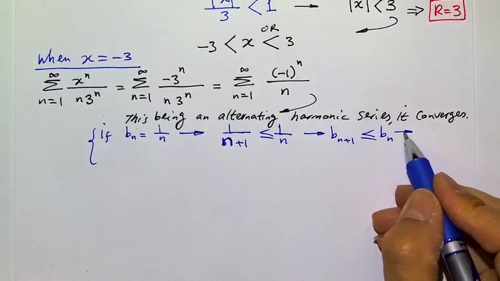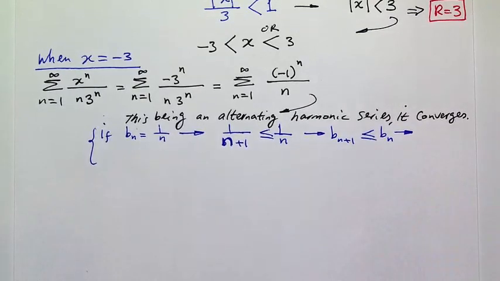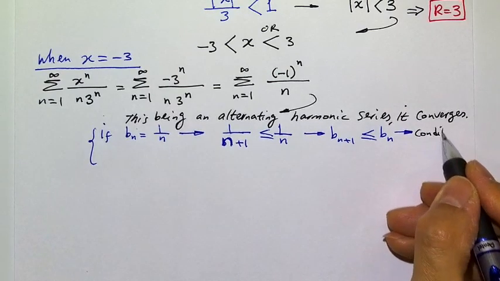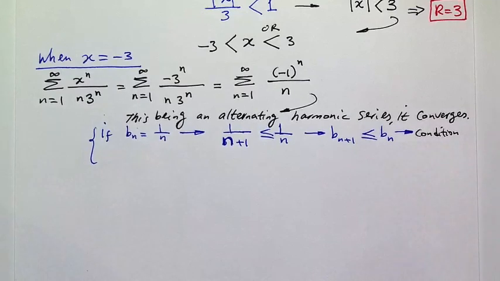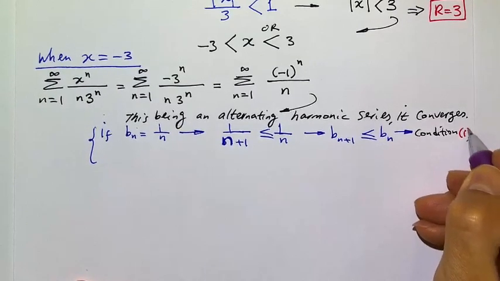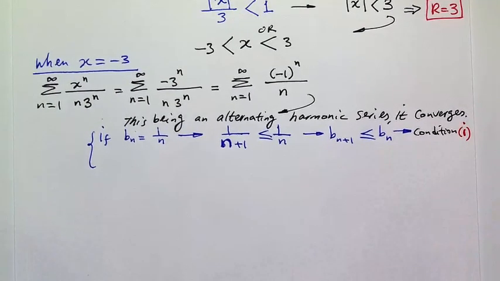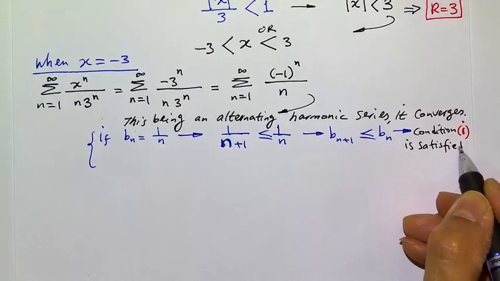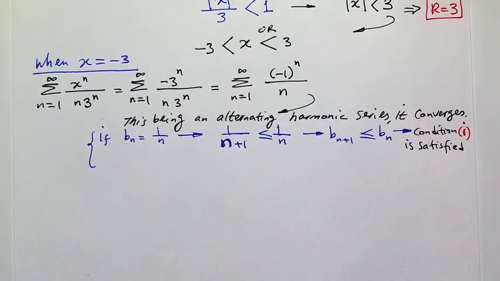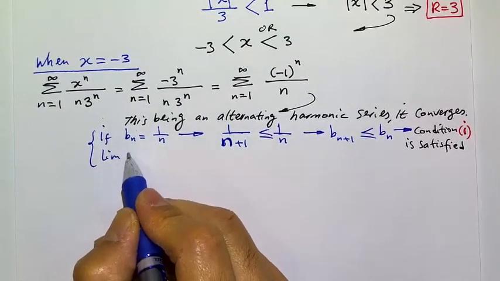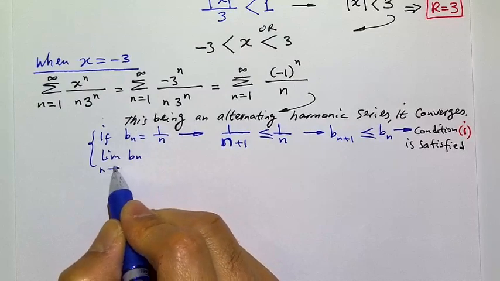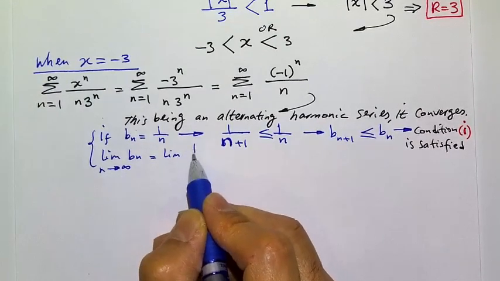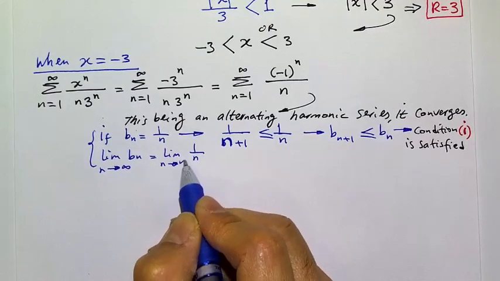So condition 1 is satisfied. And we know that the limit of Bn as n goes to infinity would be the limit of 1 over n as n goes to infinity.